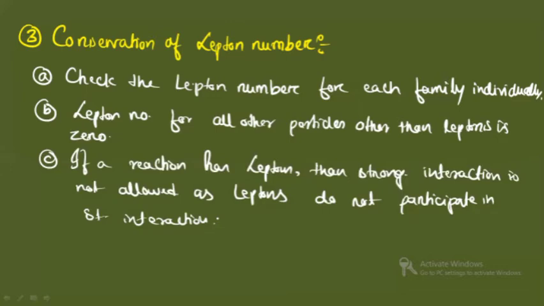So these are the three most important things to keep in mind about leptons. Firstly, when checking the lepton number, check it for individual families.